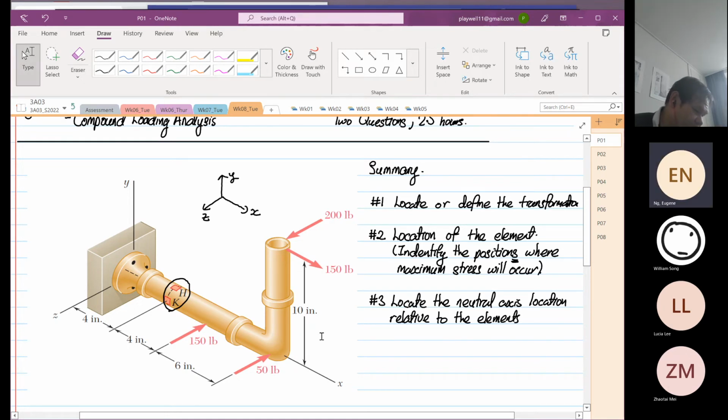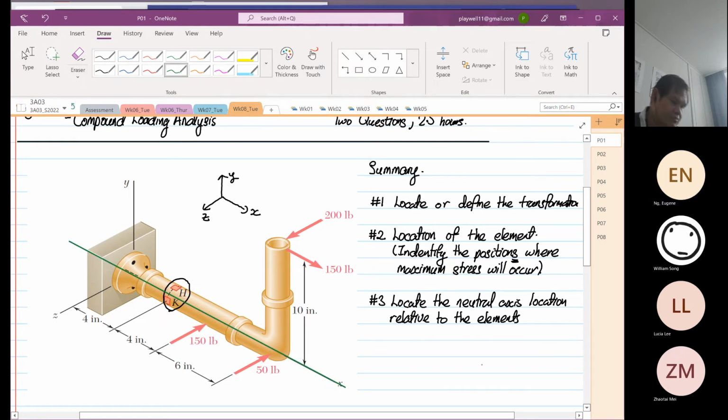So now for this case, we know that element H and K are the elements, and now we are going to identify our neutral axis. This is just an estimation, a guess. Okay, it can be off, it's fine, but at least you know the position of the neutral axis. Okay. Right. So this is a guess position of the neutral axis relative to the element. Okay.